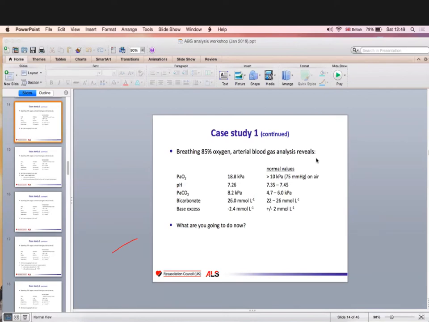But with 85%, ideally the patient should have a concentration of 500. So there should be a problem in oxygenation. But in this patient, the adequate target of oxygenation is reached. It's 150, although the patient needs 100.